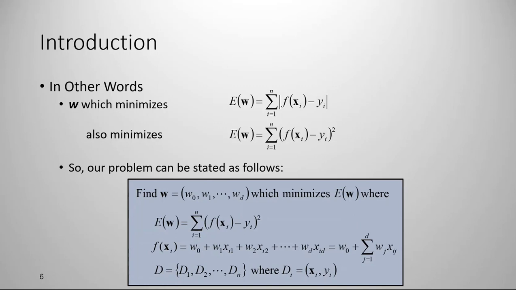Our problem can be stated as: find w, which is a vector of w's, which minimizes this squared error function. And our main function or baseline can be represented by this equation.